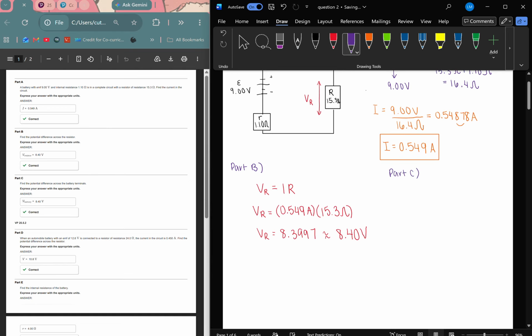Part C. So we're going to do V, finding the battery terminal.